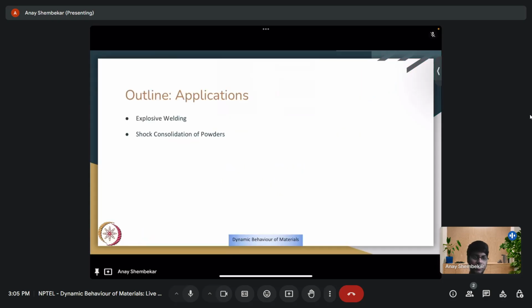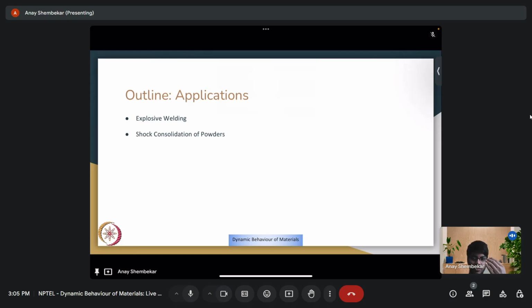In this session, we'll be going through a couple of applications in a little more detail. At the end of this course, wherein we have studied dynamic fracture in week 12 as well as shear bands, we have gone through a large number of topics which concern deformation in materials, quasi-static and dynamic deformation.